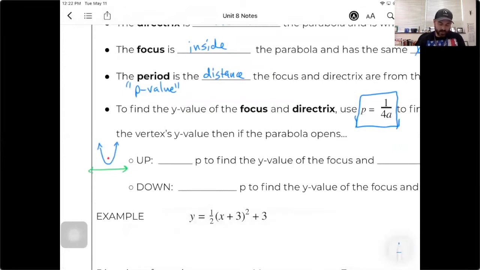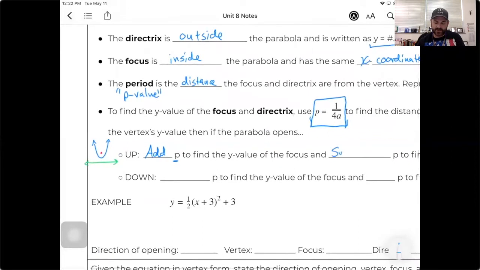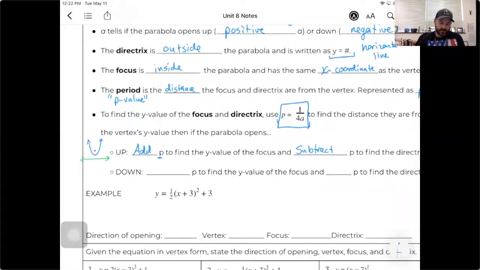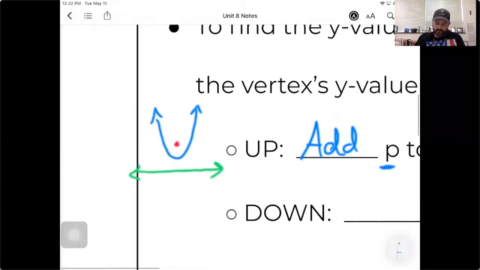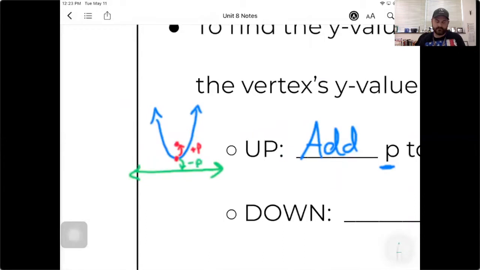That means we are going to add that p value to find the y value of the focus, and then we're going to subtract that p value to find the directrix. And here's why. From our vertex to go up, we're going to add p. From our vertex to go down, we're going to do minus p. I realize I drew that kind of small, but you get the idea. That's when it opens up.